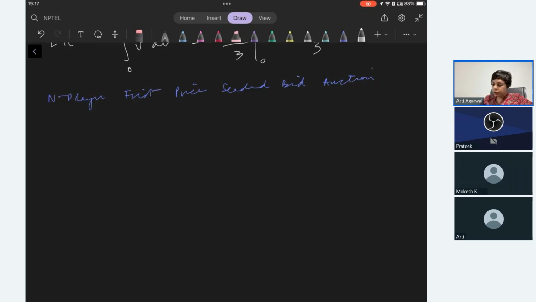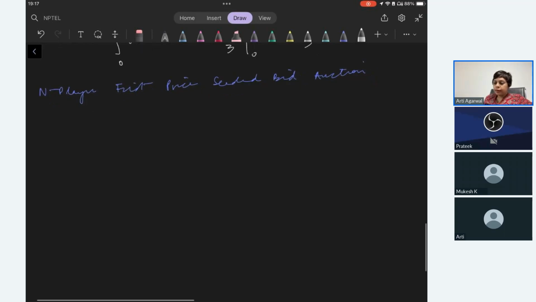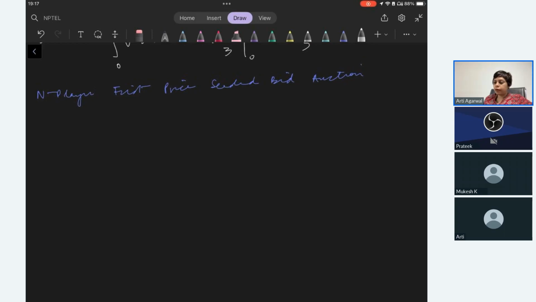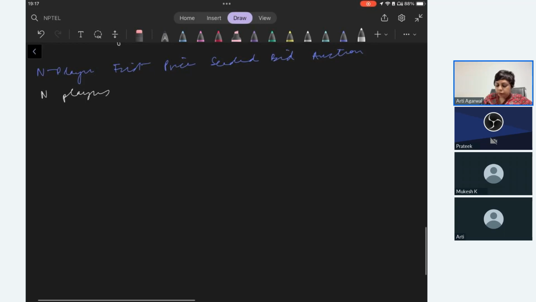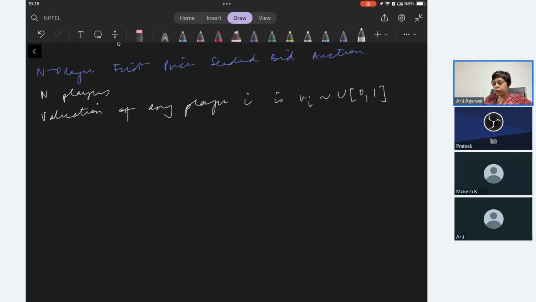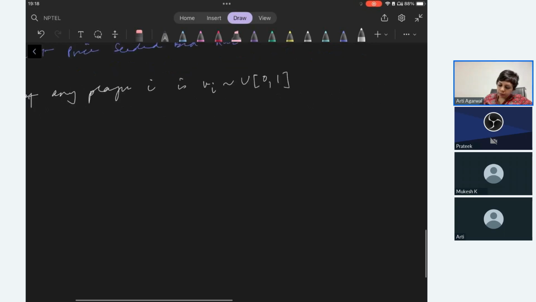Okay, that's fine. So in this case, we are saying that the n-player game is similar to whatever we just discussed, where there are, say, n players, and we are saying that the valuation of any player i is vi, and it follows the uniform continuous distribution over the interval 0, 1, for all i.